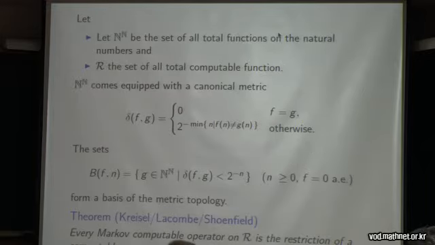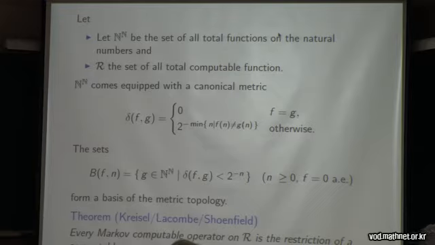The next space to consider in the area of computability was the set of all total computable functions. So in general, let N power N be the set of all total functions on the natural numbers, and R be the total computable functions. Now N power N, also known as Baire space, comes equipped with the canonical metric.